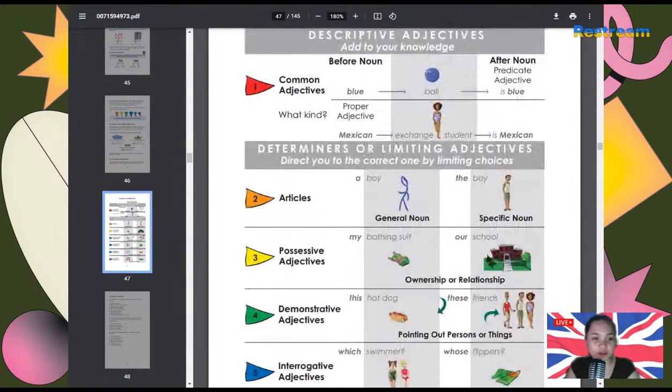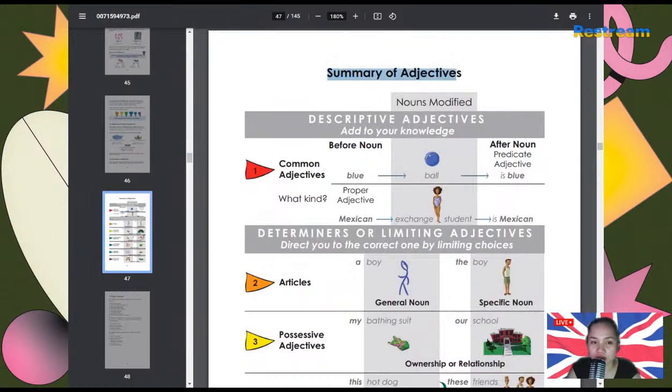So in here, again, for the summary of adjectives, let's just go here. We started with the descriptive adjectives, by determining the adjective, and remember that the adjective modifies the noun, because they are being described in the sentence.